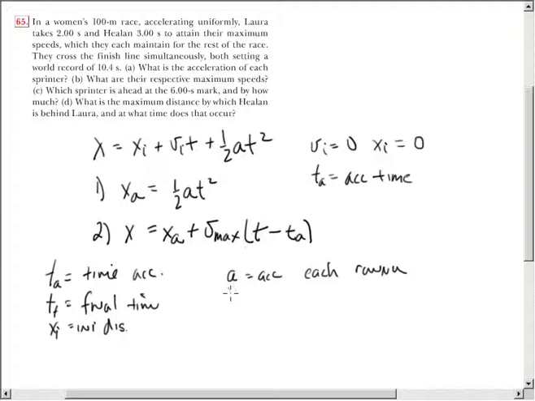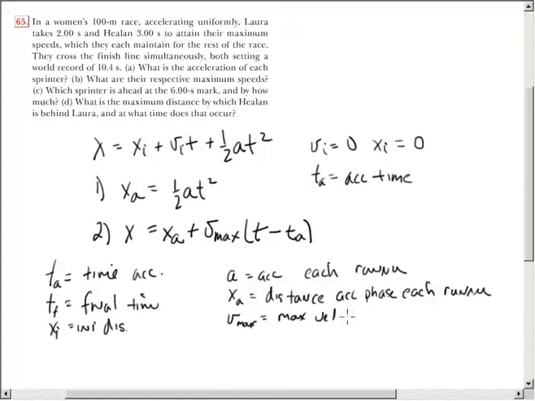We need to find the distance traveled during the acceleration phase for each runner. And we need to find the maximum velocity for each runner.